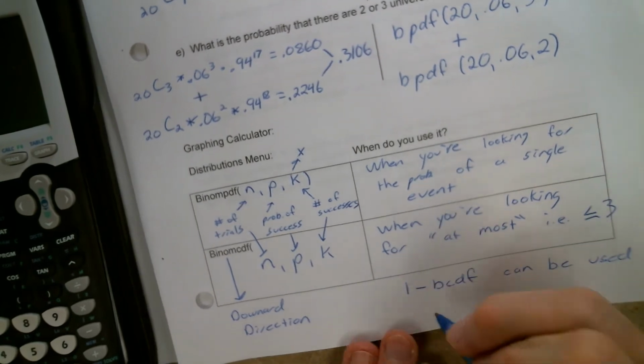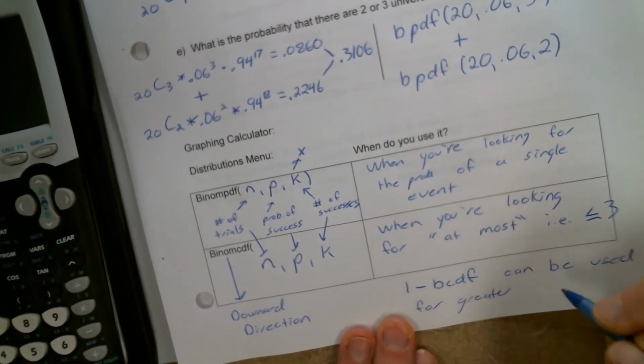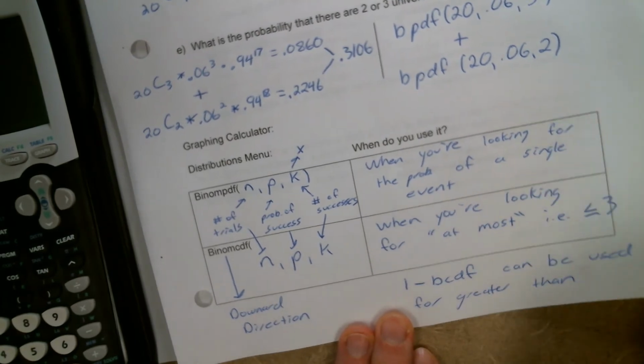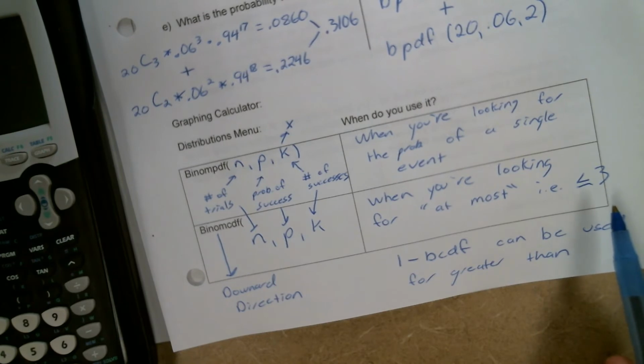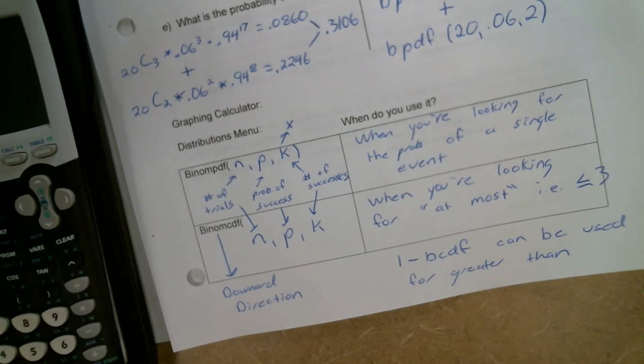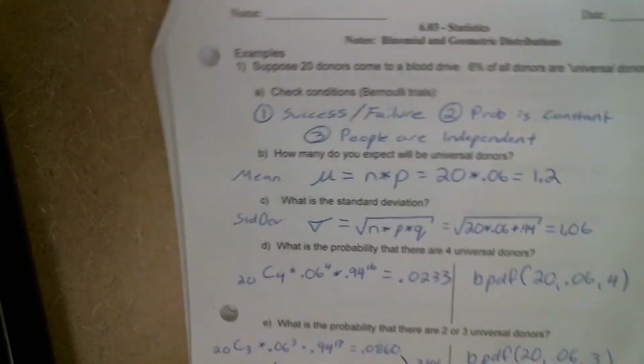By default, binomial CDF does less than or equal to, which means if we want to do a greater than situation, we have to manually do it by doing a 1 minus. And we're going to do an example on the next page, and you'll see what that looks like.